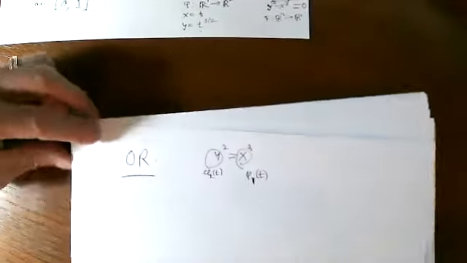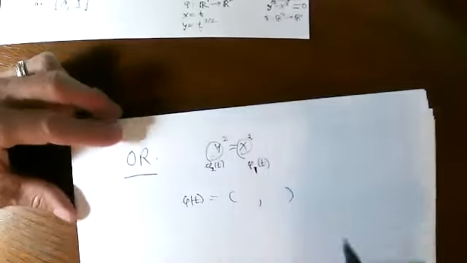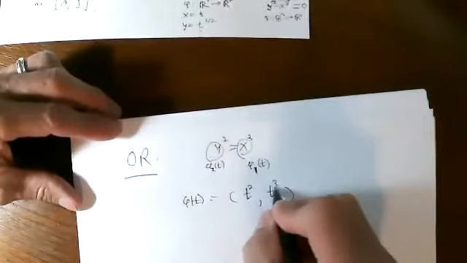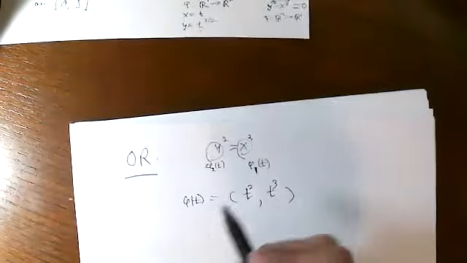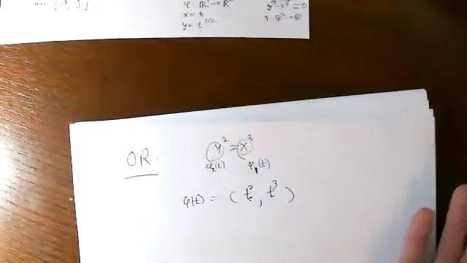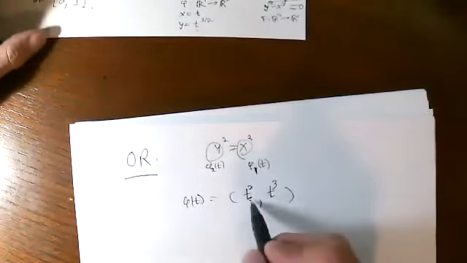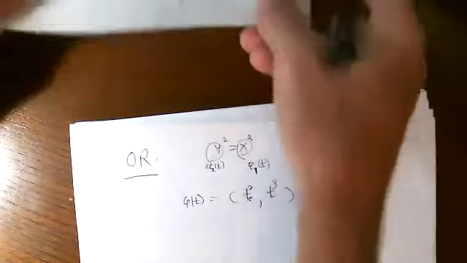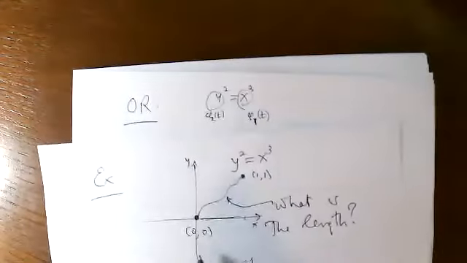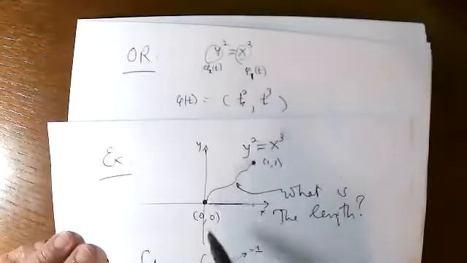But in this case, you might observe that you could have phi of t be the following pair of functions. How about if you put t squared in this spot and t cubed in that spot? Then the cube of the first function matches the square of the second function because they're both going to be equal to t to the 6th. And you can tell what range of t's you need because you need, first of all, for this expression to match the pair 0, 0, and that will obviously happen when t is equal to 0.